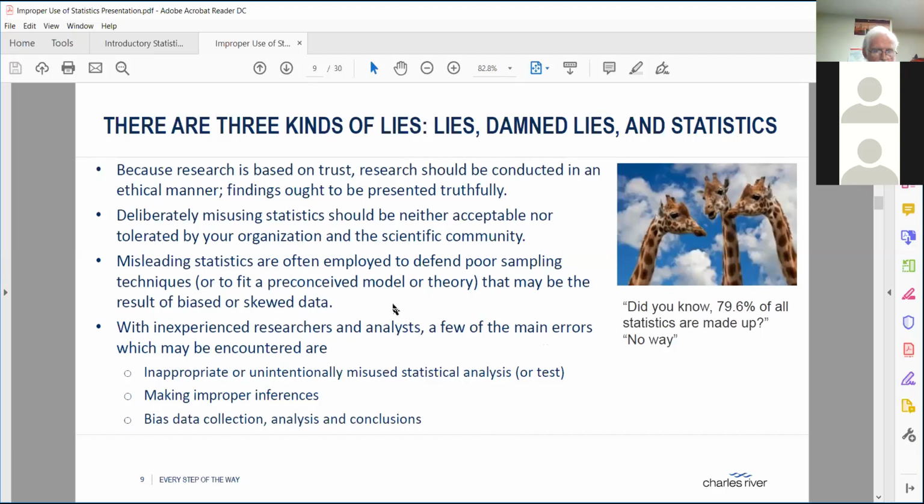But we can use misleading statistics and selective choosing of our data to bias the results. Often this comes inappropriately or inadvertently with people who are inexperienced with statistics.